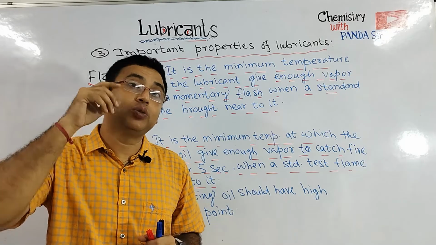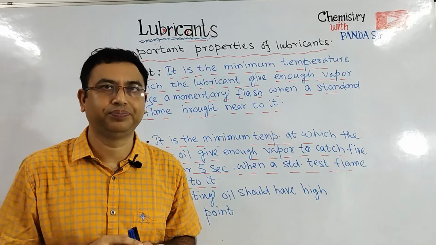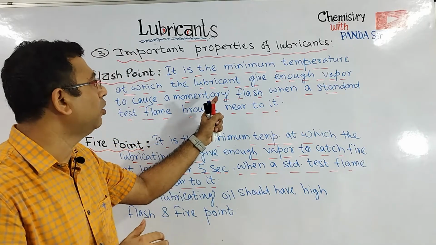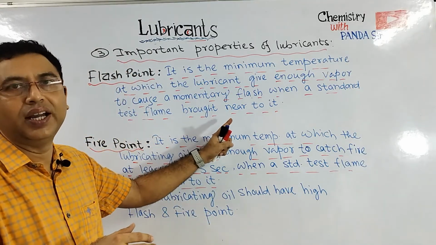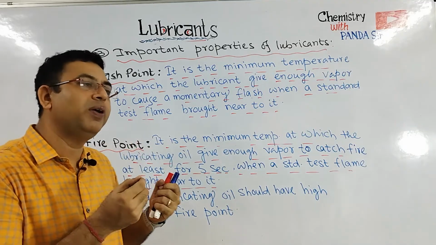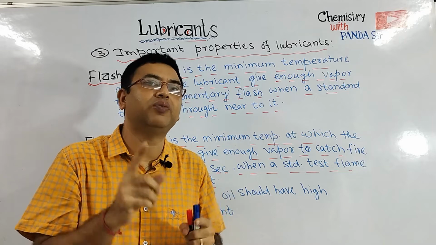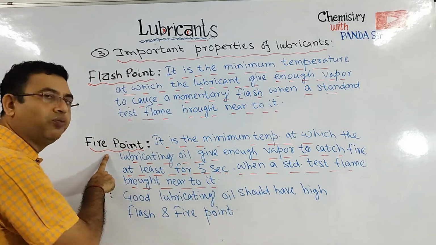If the temperature goes high, it may happen that the lubricant catches fire. Before catching fire, we saw that the lubricating oil gives a momentary flash. That is the flash point. And if the temperature increases further, the lubricant will give enough vapor to catch fire for at least 5 seconds. That temperature is considered the fire point.